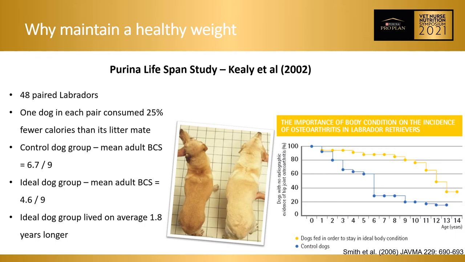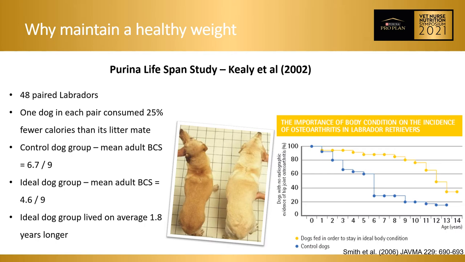In a landmark Purina study, 48 paired Labradors were tracked throughout their entire lifespan. We had these paired Labradors with one dog in each of the pair consume 25% fewer calories than their litter mate. And what's really important here to highlight is we had two groups of dogs. We had our control dog group, and their body condition score was maintained on average around about a 6.7 out of 9.